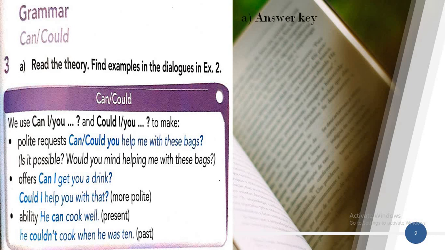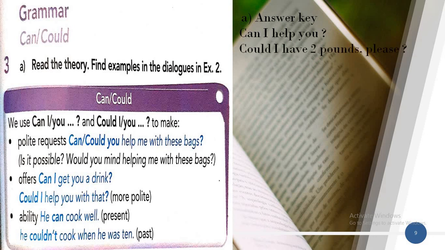Now, let's move to the answer key of question A. I read the question for you again. Read the theory. Find examples in the dialogues in exercise 2. So it's very easy. One, can I help you? This is the first example.